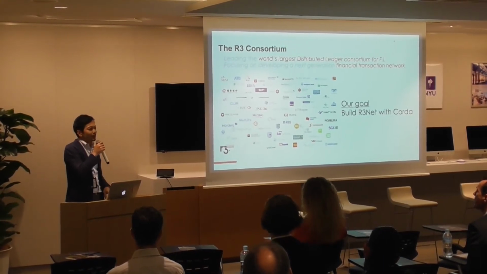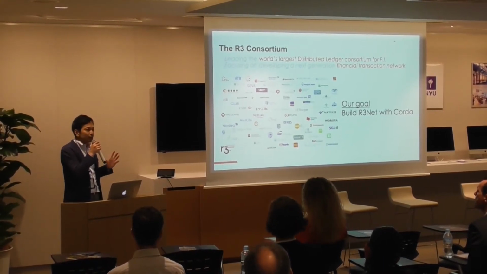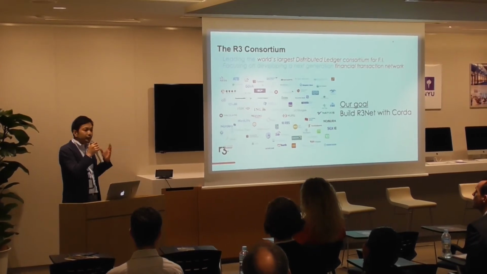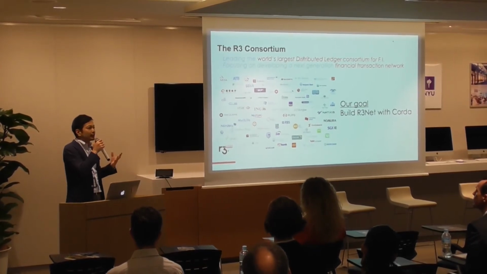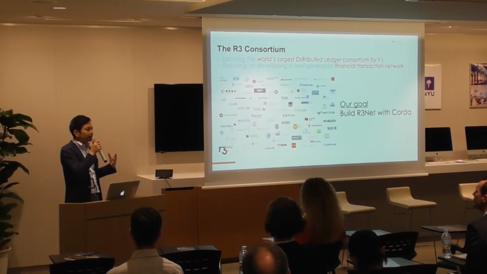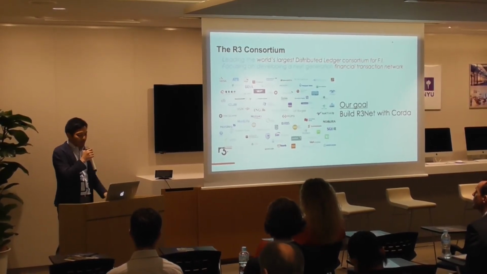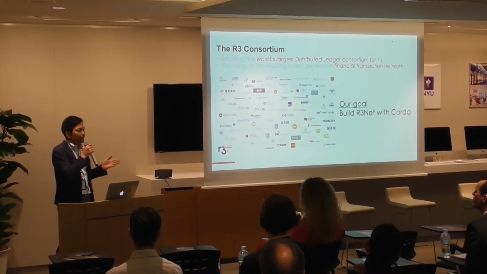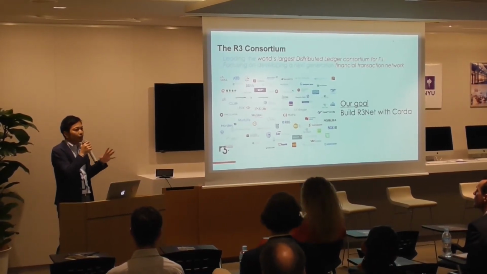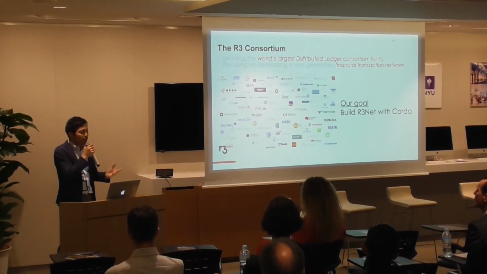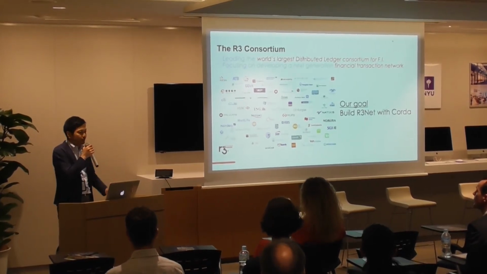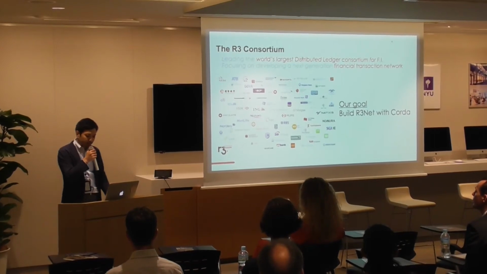With Corda, we don't create a block. A block is a bunch of transactions, right? But we just deal with transactions one by one. So we don't need blocks. So that's why we call ourselves a distributed ledger technology company.